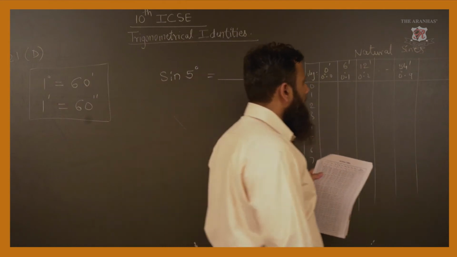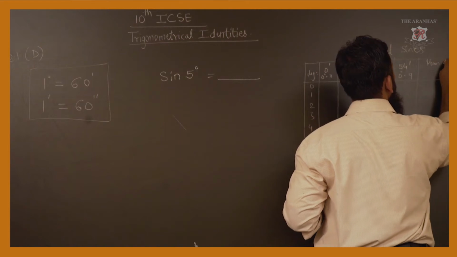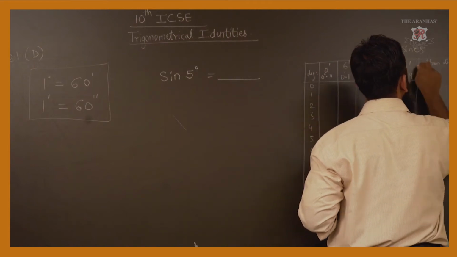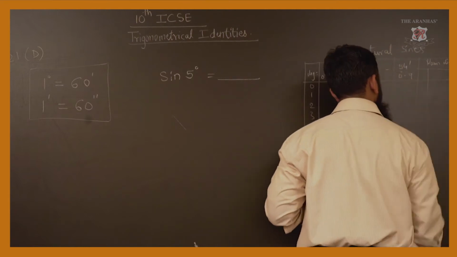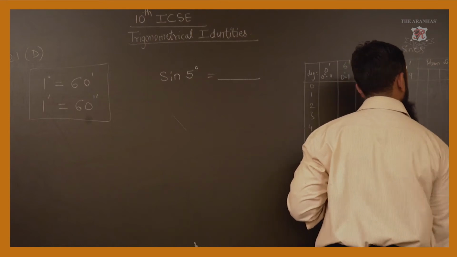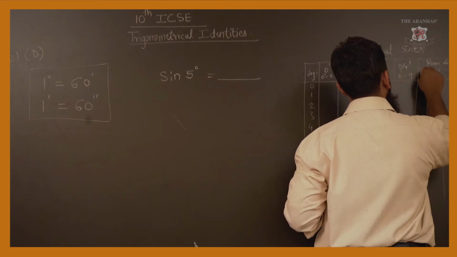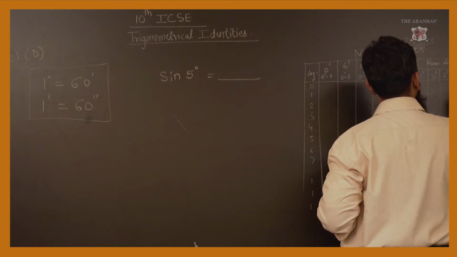Then one more part is there which is called mean differences, and in this mean differences you will find overall 1 minute, 2 minute, 3 minute, 4 minute, 5 minute.